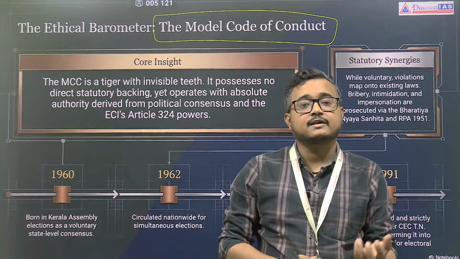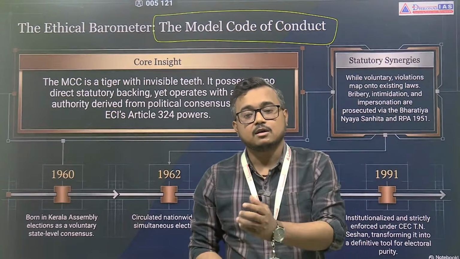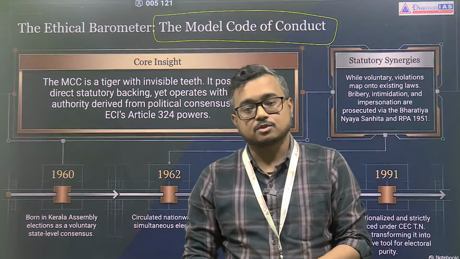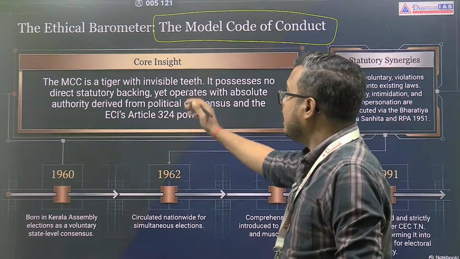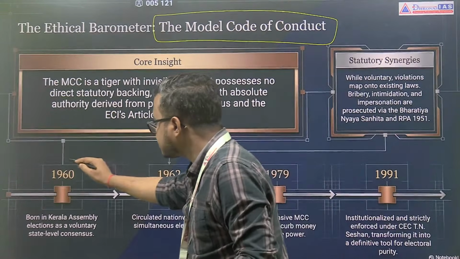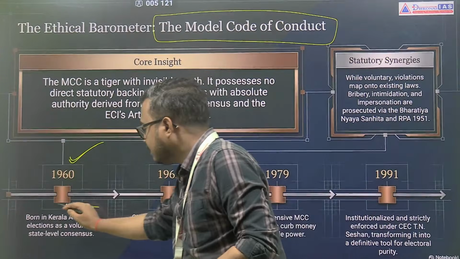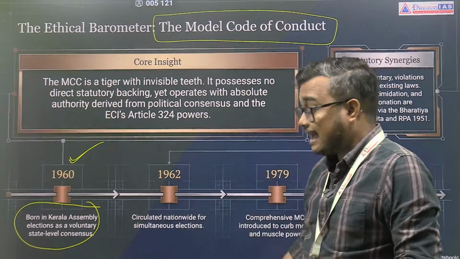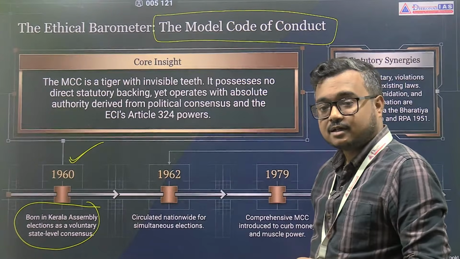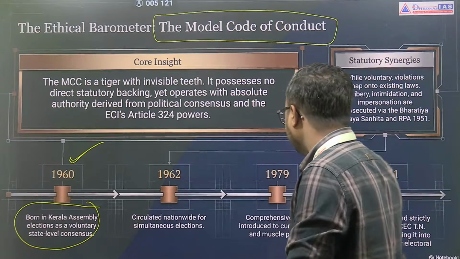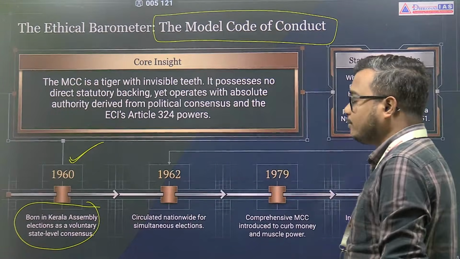And once a democracy is corrupt, it may not be able to come back to its democratic roots. And that's why the ethical barometer, which was first experimentally used in 1960 in the Kerala Assembly elections as a voluntary consensus, has now been adopted in the entire country.